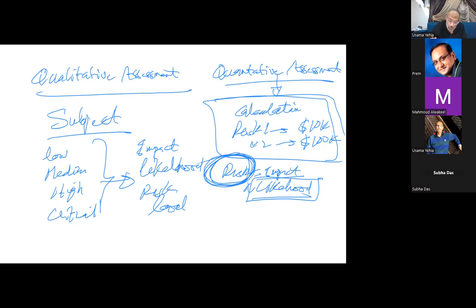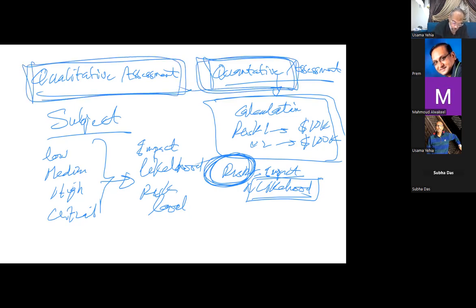So quantitative represents mathematical forms. Qualitative is subjective, and it distributes the information, the risk or impact or whatever, into categories.